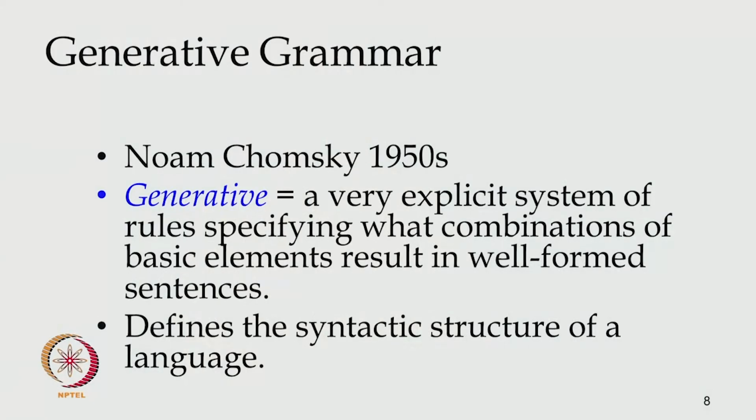Finally, this is how generative grammar is defined. From 1950 onwards, this came into existence, and it simply means a very explicit system of rules specifying what combinations of basic elements result in well-formed sentences. It defines the syntactic structure of a language. So, the structure underlying sentences is called syntactic structure.